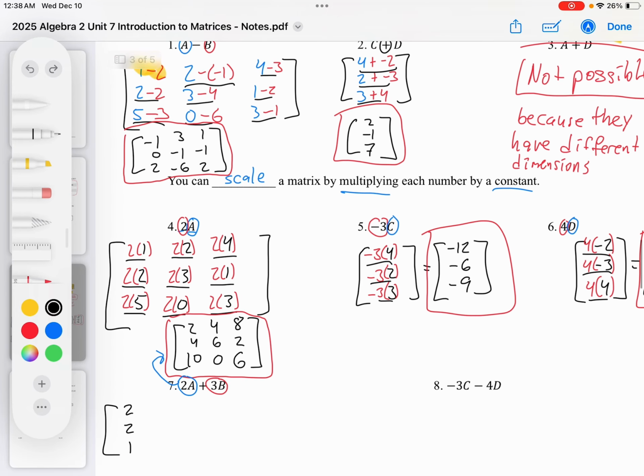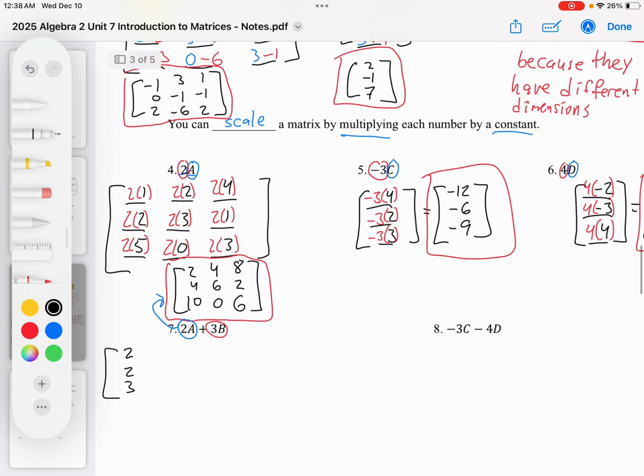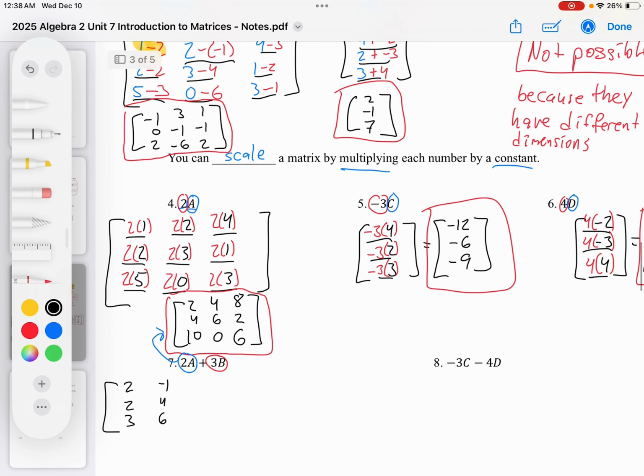No, 2, 2, 3. And then negative 1, 4, 6. And then 3, 2, 1. That is matrix B. But we need to scale matrix B by that 3, so we're going to be taking 3 times each of these numbers in order to scale it.